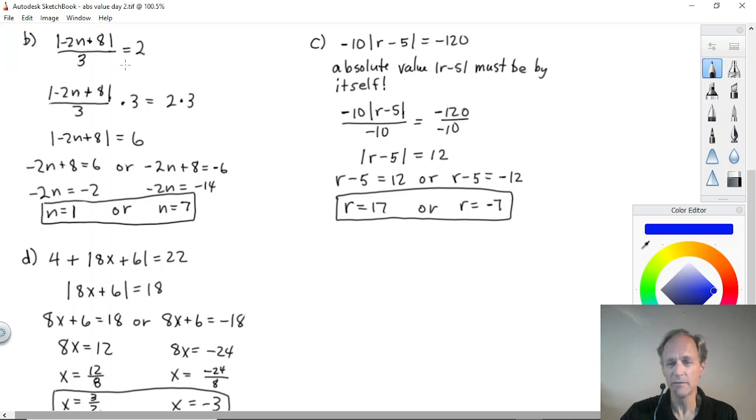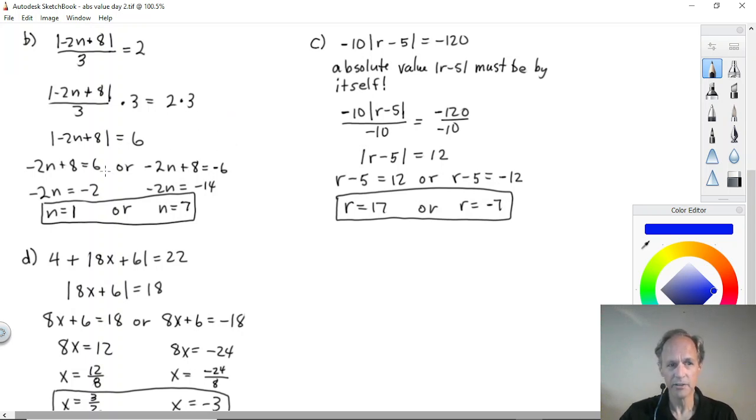So we're just following the rules of algebra, and if we do that, we will get an equivalent equation that has the same solution set as the one we started with. So we multiply both sides by 3, and it succeeds in getting the absolute value by itself, and that's this step right here.